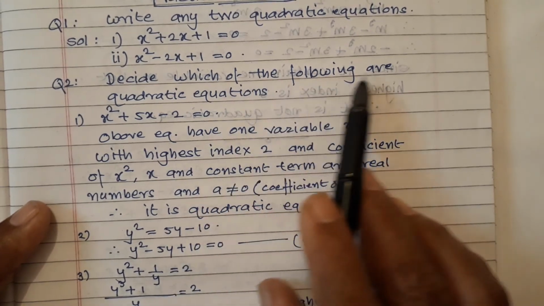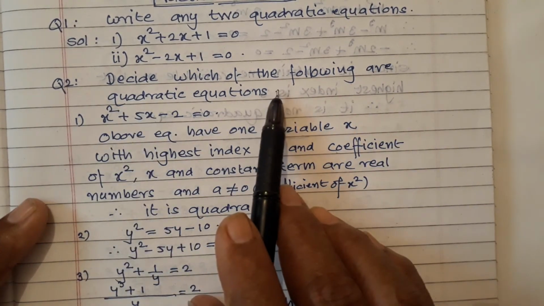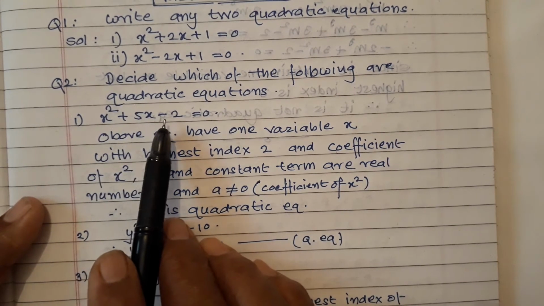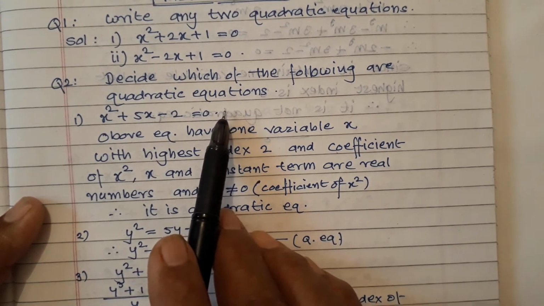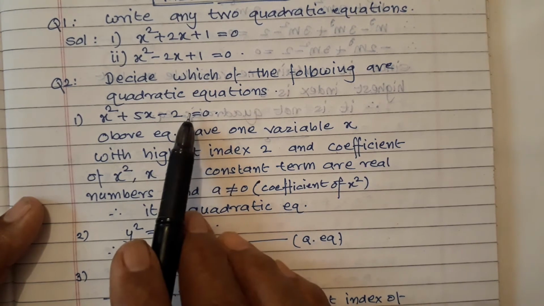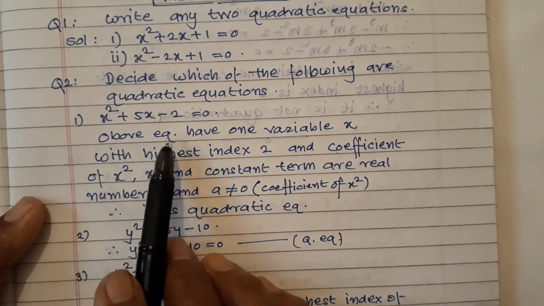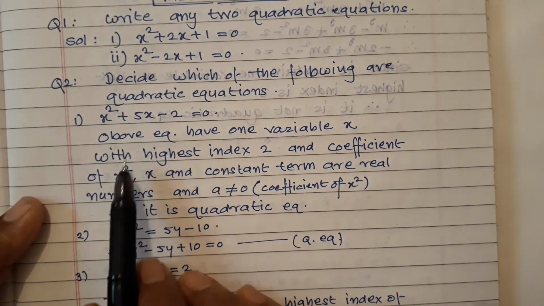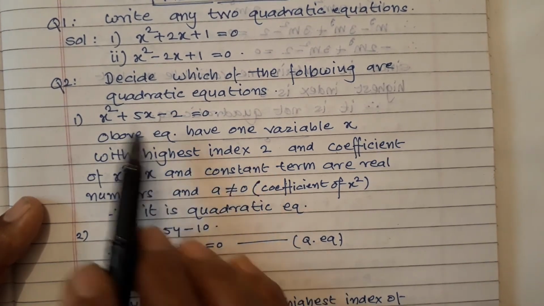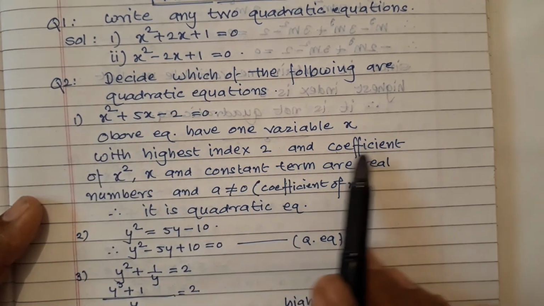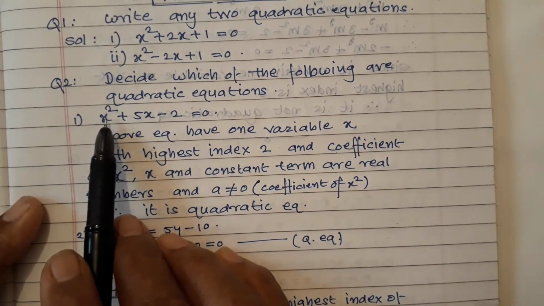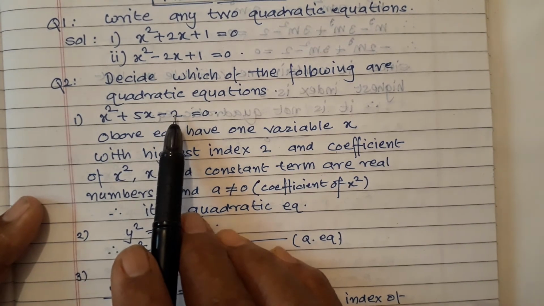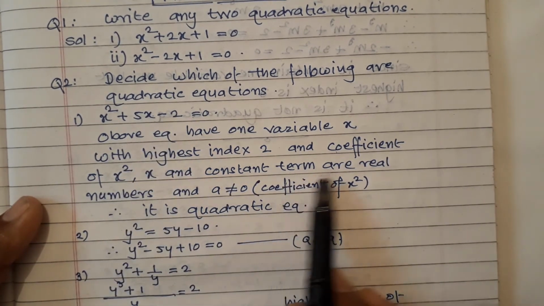Okay, question number 2. Decide which of the following are quadratic equations. Number 1: x square plus 5x minus 2 is equal to 0. Now, the above equation has one variable x with the highest index 2, and the coefficient of x square, the coefficient of x and the constant term are what?